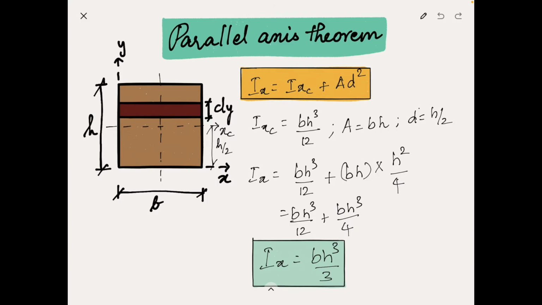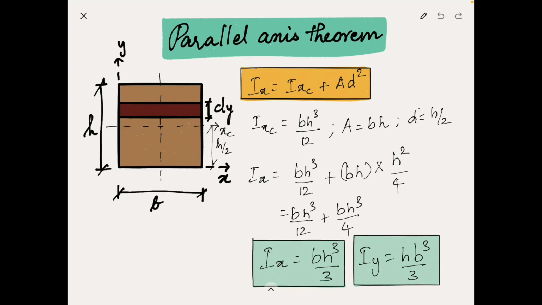This is exactly what we got in the previous section without applying the parallel axis theorem, and with this we now have proved that the parallel axis theorem works, haven't we? You can also try to solve for Iy, the moment of inertia along the reference y-axis using the parallel axis theorem, and check whether you can get Iy is equal to hb cube divided by 3.